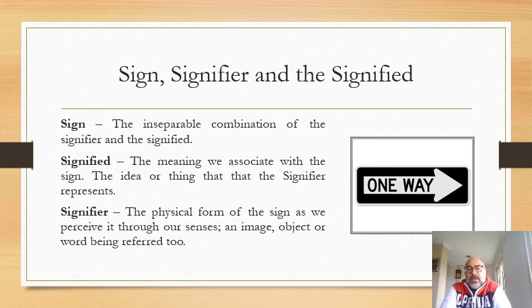Signified is the meaning we associate with the sign, the idea or thing that the signifier represents. So we need the other term in order to understand the signified, which is the physical form of the sign as we perceive it through our senses, an image, object, or word being referred to.